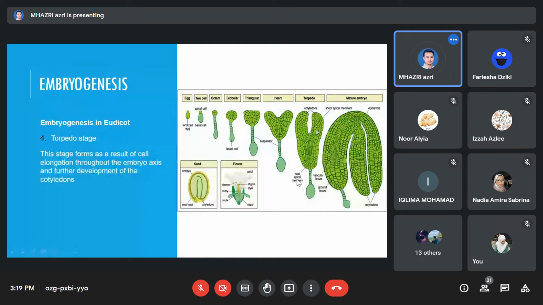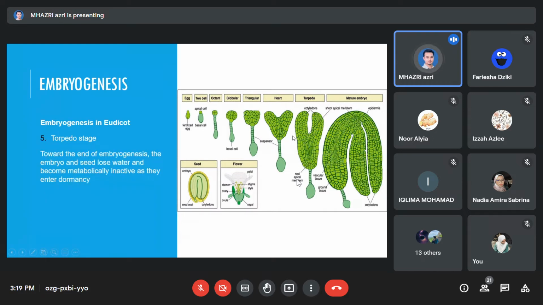So this stage forms as a result of the cell elongations throughout the embryo axis and also the further development of the cotyledons. So the axis, the initial stage, the cotyledons will outgrow and the shape resembles heart shape. When it continues to elongate, the shape will resemble torpedo. So sebab itulah stage torpedo.